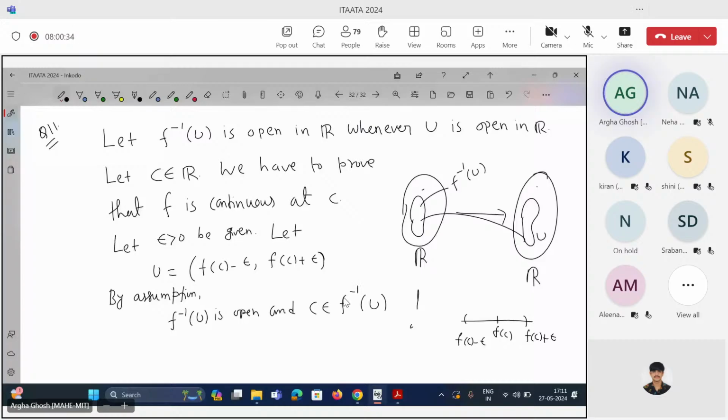Now, because c is an element of an open set, that means c must be an interior point. So therefore, there exists a delta greater than 0 such that (c - delta, c + delta) is a subset of F inverse U. Okay.